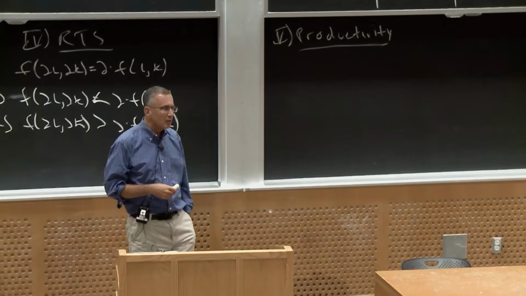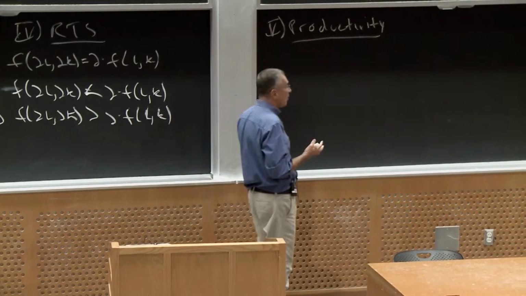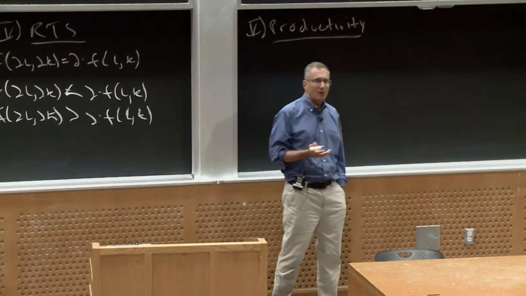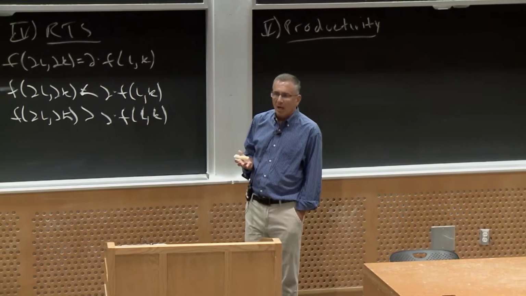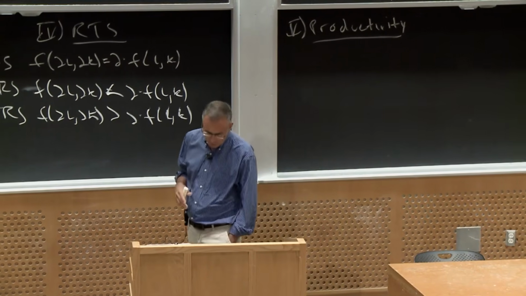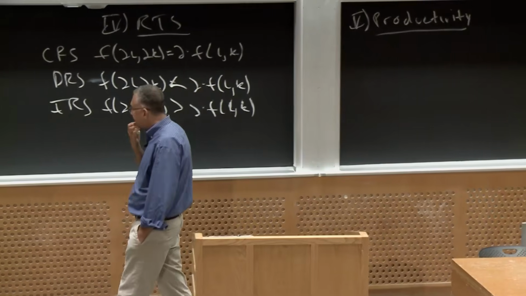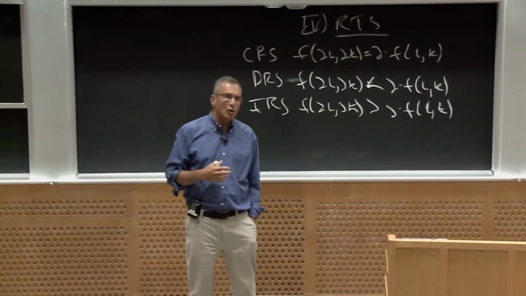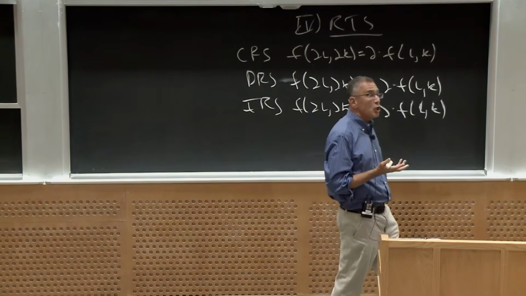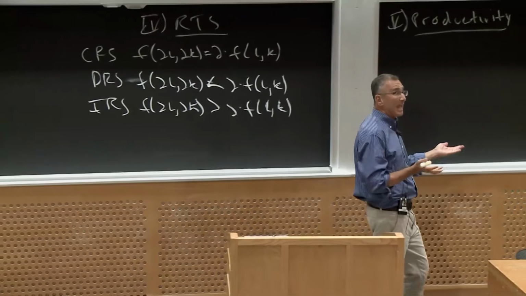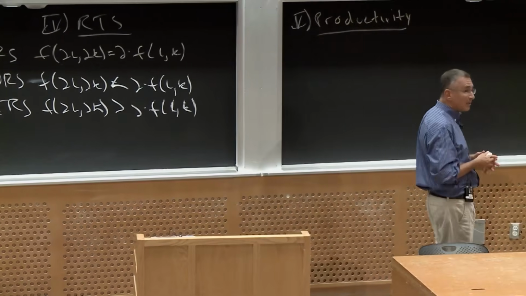Thomas Malthus was, I think, a pretty depressed philosopher, given all the stuff he wrote back in the 1700s. And he said, look, think about the production of agriculture. There are essentially two inputs: people and land. The people harvest the land.